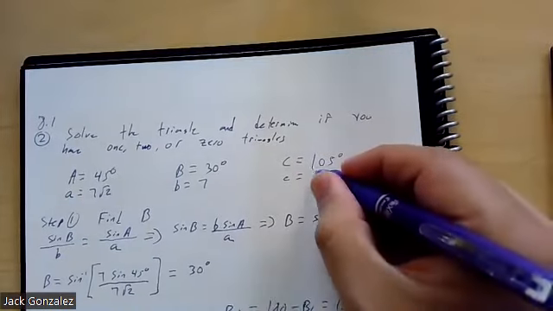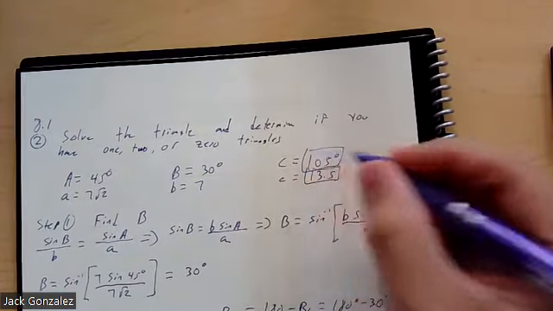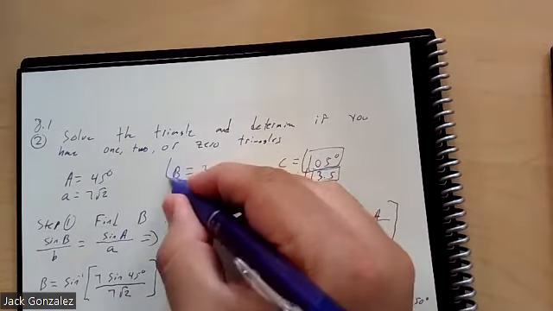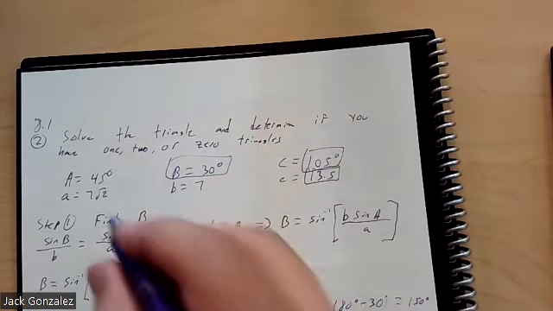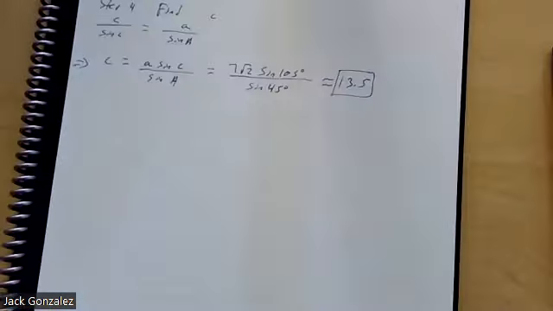All right, so any questions on step 4 or the beginning or the end? Middle? So let's say you did find two triangles. Then you would have to find double this.